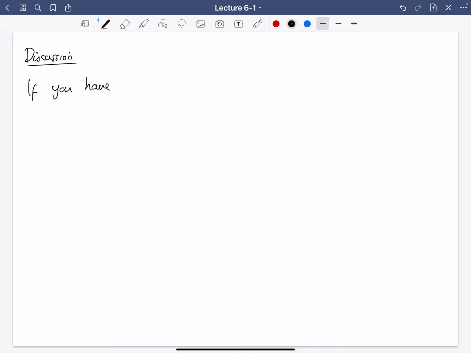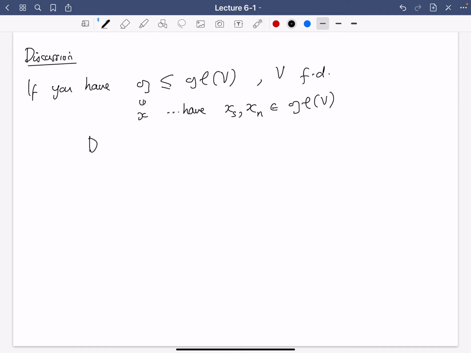If you have a linear Lie algebra g, and you have an element x in g, then by the Jordan decomposition you have xs and xn, the semi-simple and the nilpotent parts of that endomorphism of V. But do they actually lie in the subspace g?